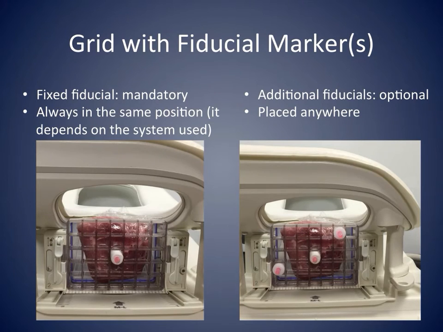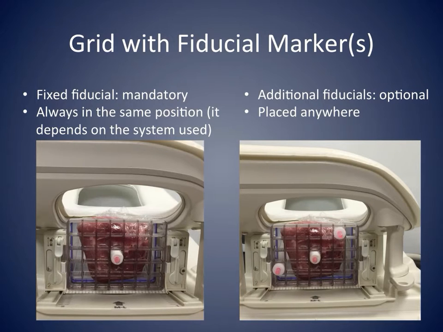After positioning the breast within the grid, the next step is to place a fiducial marker to facilitate lesion location. Every system uses at least one fiducial that is called fixed fiducial because its position is fixed within the grid. This fiducial is used as a reference to calculate the lesion X and Y coordinates.